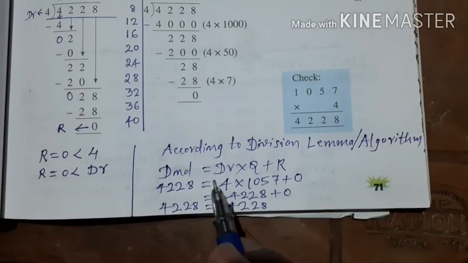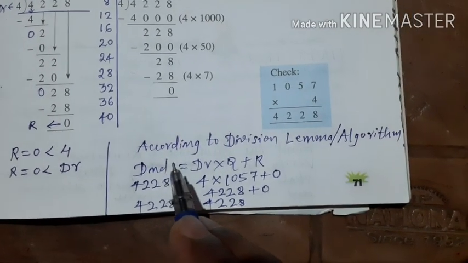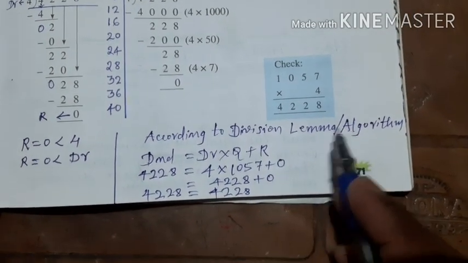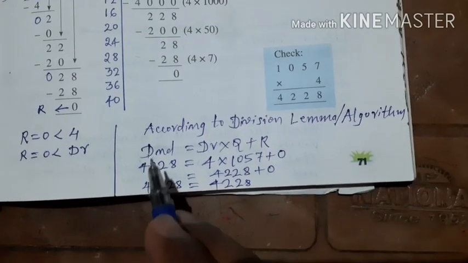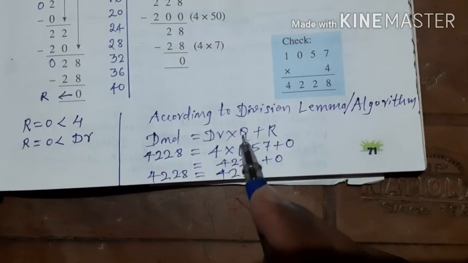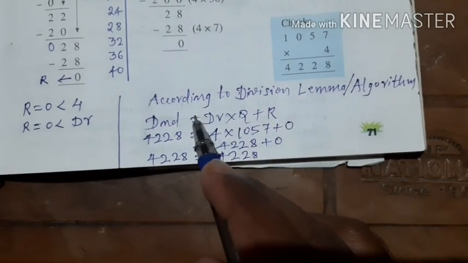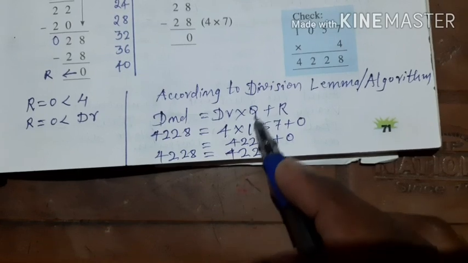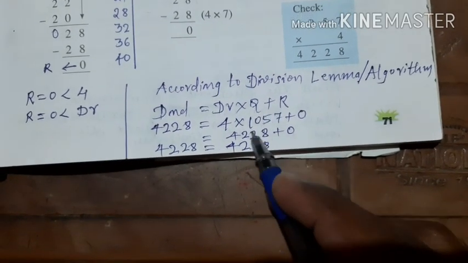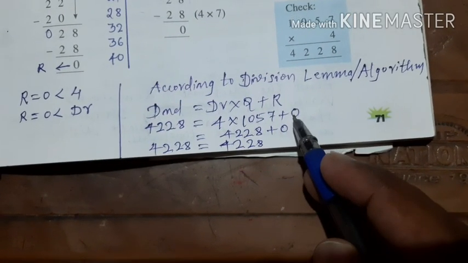Now let us apply division lemma to this division. According to division lemma or algorithm, dividend is equal to divisor into quotient plus remainder. Here dividend is 4228, divisor is 4, quotient is 1057 and remainder is 0.